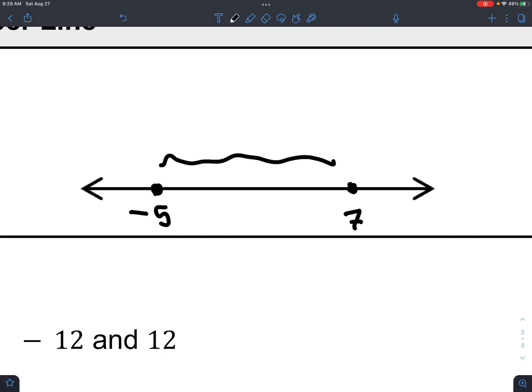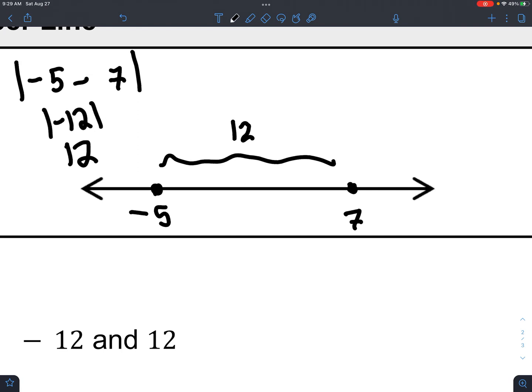For example, you might be able to see right away that this is 12. But the way you would do it technically would be to take the two numbers, subtract them from each other, find the difference. So this would be negative 12, and then make sure your answer is positive. So the absolute value, remember, makes any negatives positive.